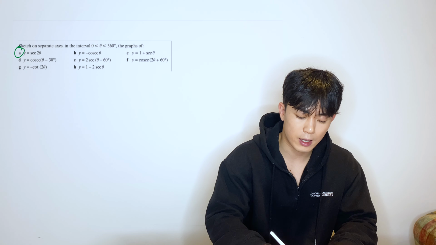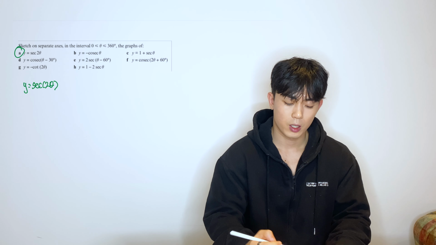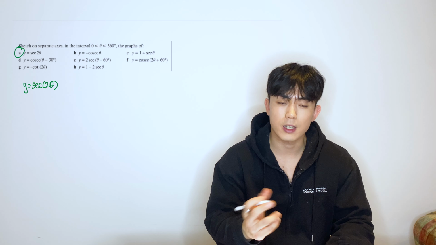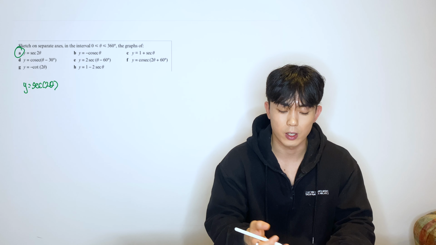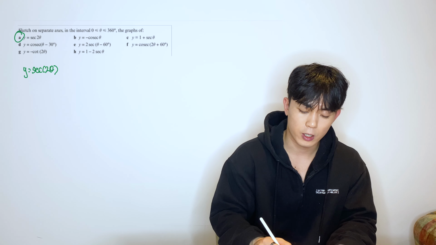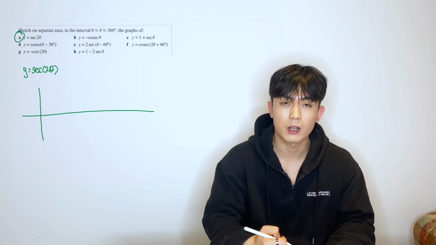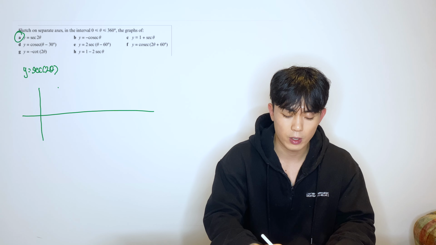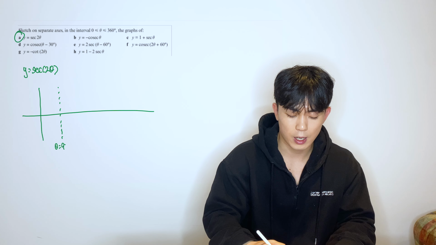So let's look at y is sec 2 theta. We know that the 2 is inside the brackets, so it's going to affect our x values and do the opposite of what you would expect. So rather than multiply, we're going to divide every x value by 2. So I first draw out my sec graph. Sec is 1 over cos, so I like to draw my asymptotes first. So these will be when theta is 90.